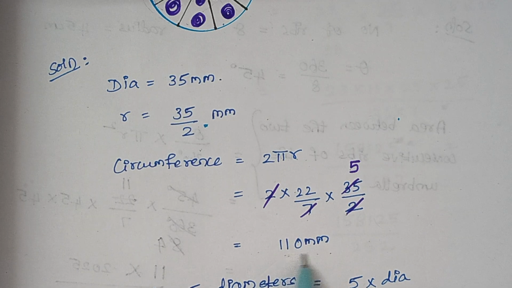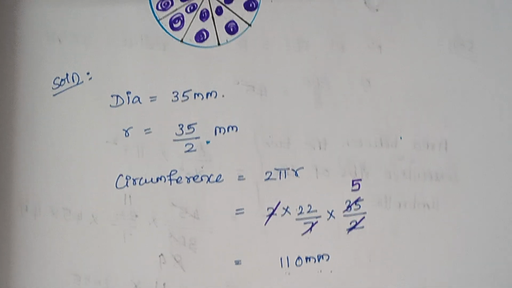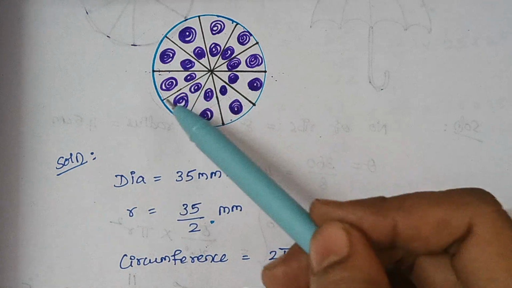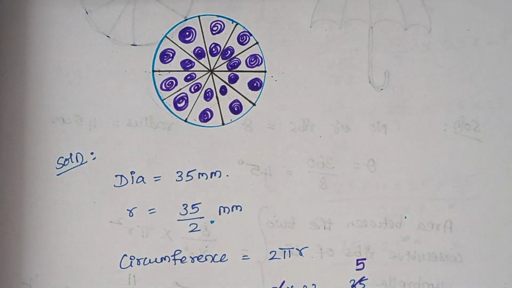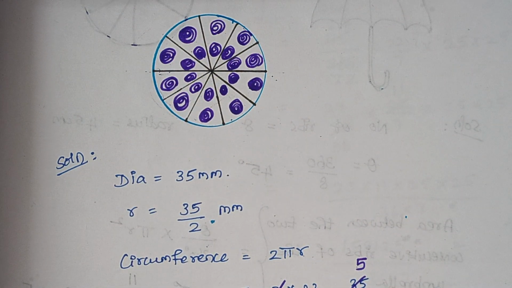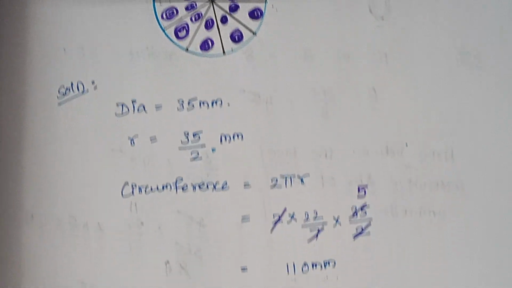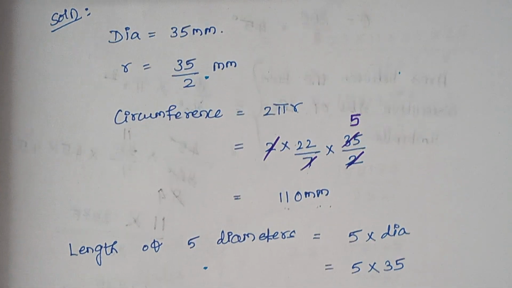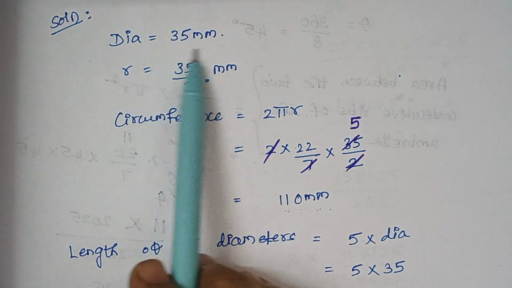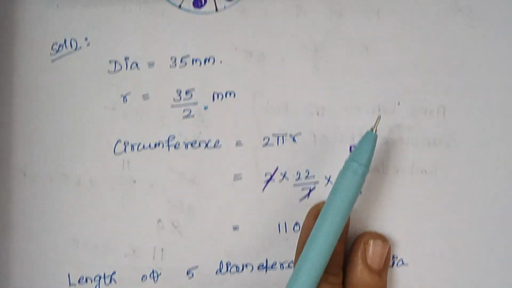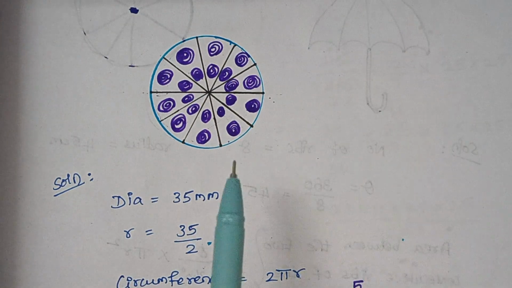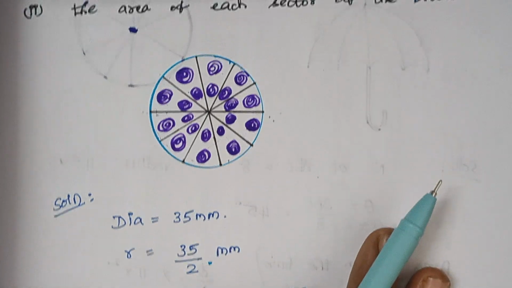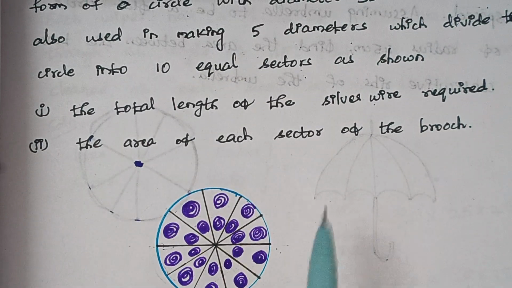So we have calculated the length of the wire used in the circumference. Now we have to find the diameters. In the problem the value of the diameter is directly given, it is 35 mm. In this circle we have 5 diameters, which is clearly mentioned in the problem.